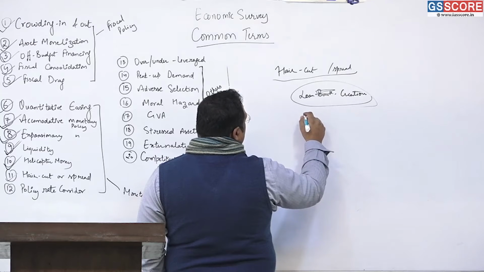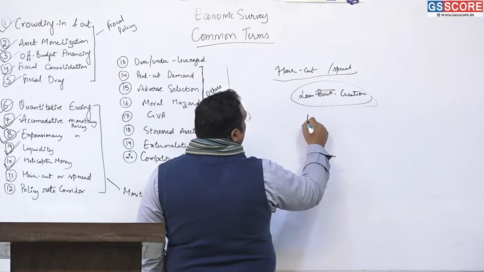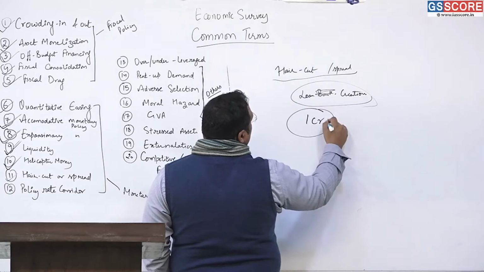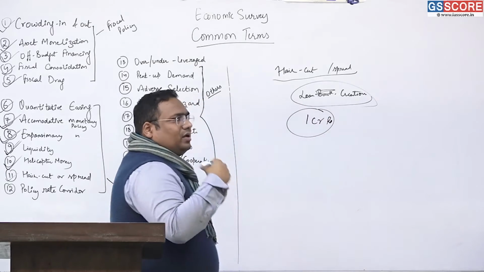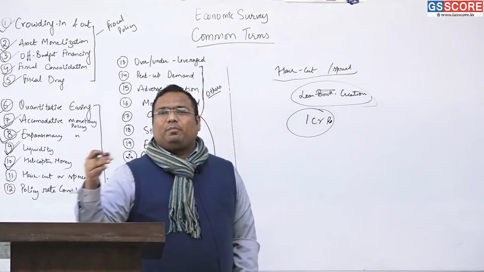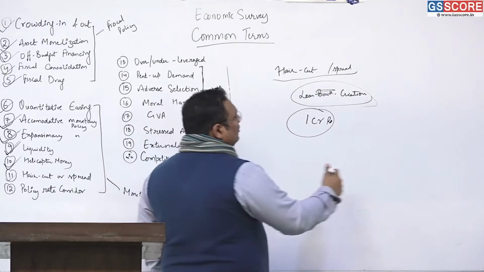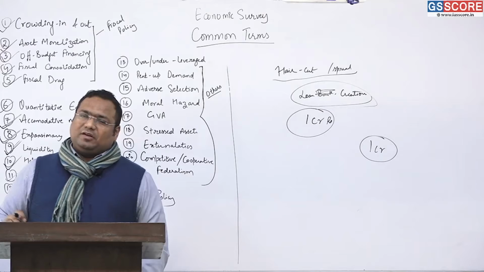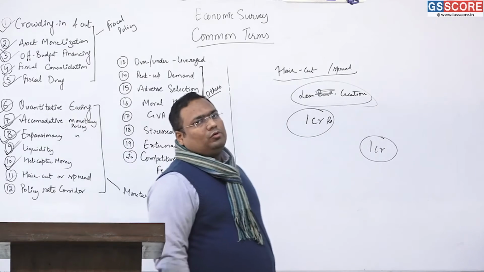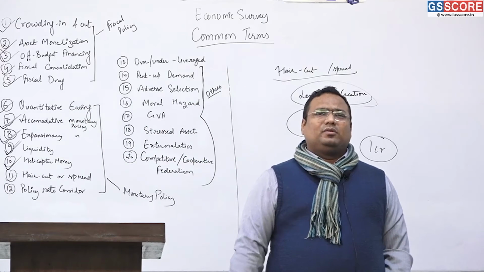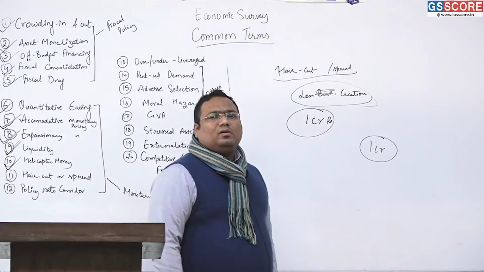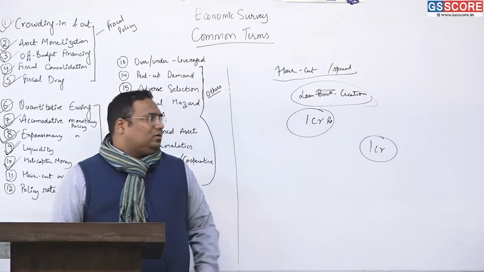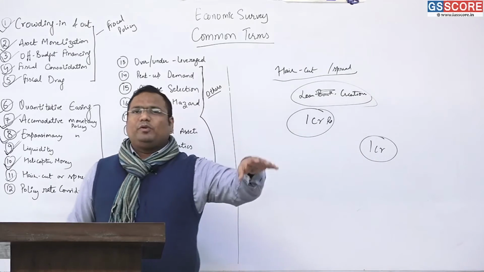Let us say someone wants to take a loan of 1 crore rupees. He goes to the bank and submits papers saying this is my property, worth 1 crore rupees, and I will give this as security. Please give me a 1 crore rupee loan. The bank will say no, it can't happen. Your property is worth 1 crore rupees today.